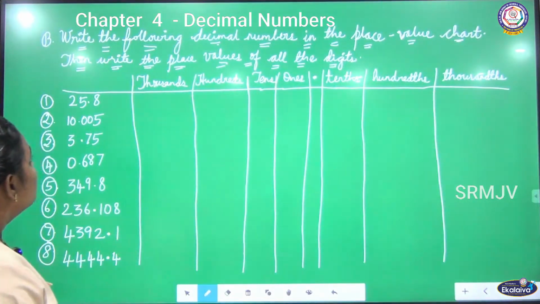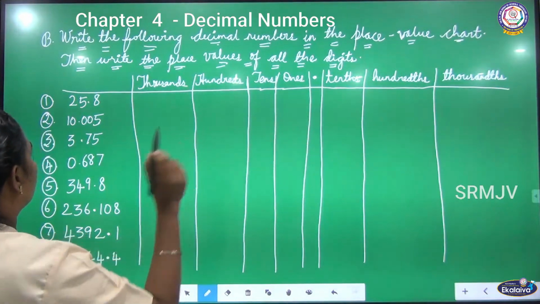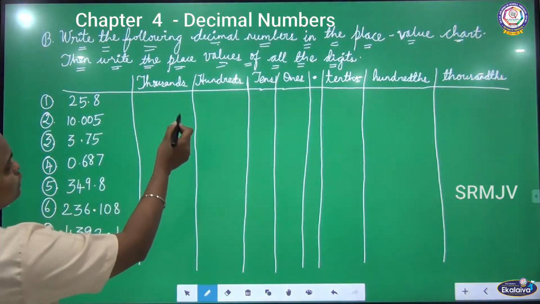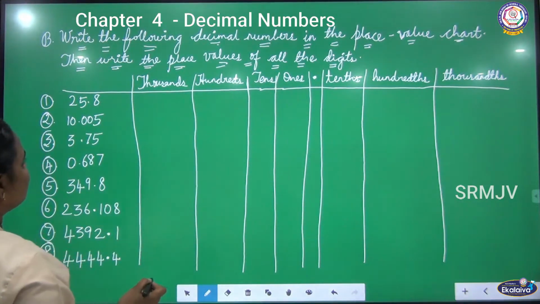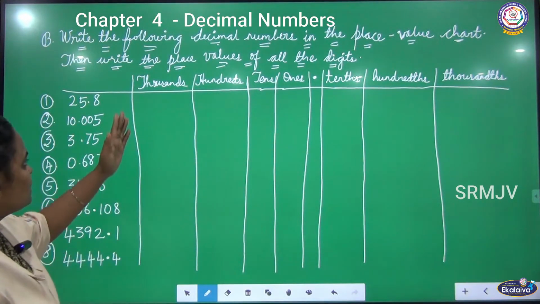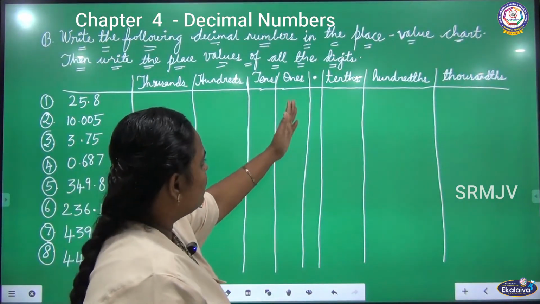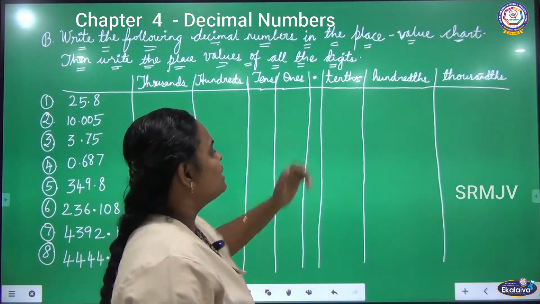Next one, write the following decimal numbers in the place value chart, then write the place values of all the digits. See, listen children, we are going to arrange these numbers in the place value chart. So they have given thousands, hundreds, tens, ones, then the dot, then after the dot it is tenth.